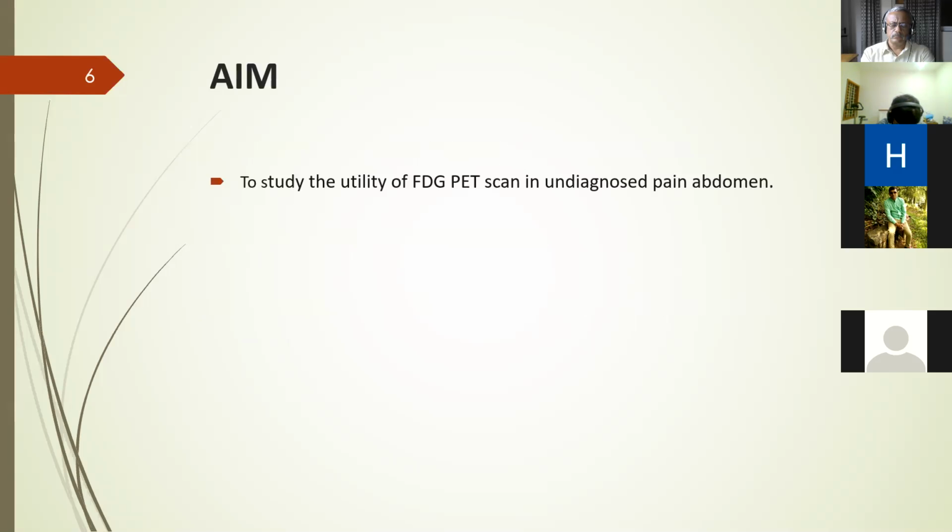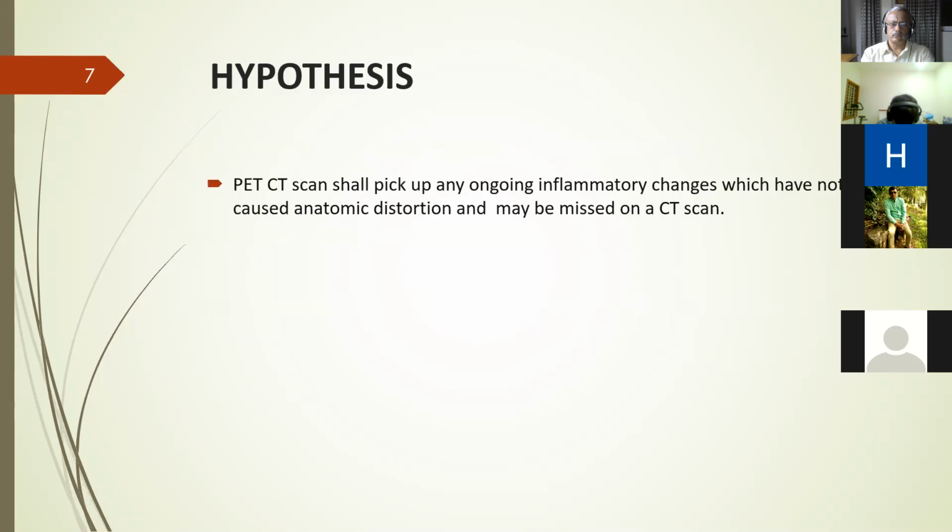The aim of this study is to assess the utility of FDG PET scan in undiagnosed pain abdomen. The hypothesis is that the PET scan shall pick up ongoing inflammatory changes which do not cause any anatomic distortion and may be missed on CT scan.